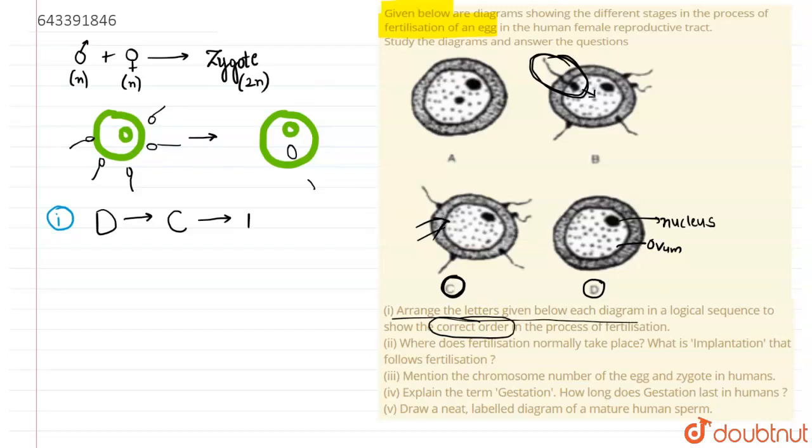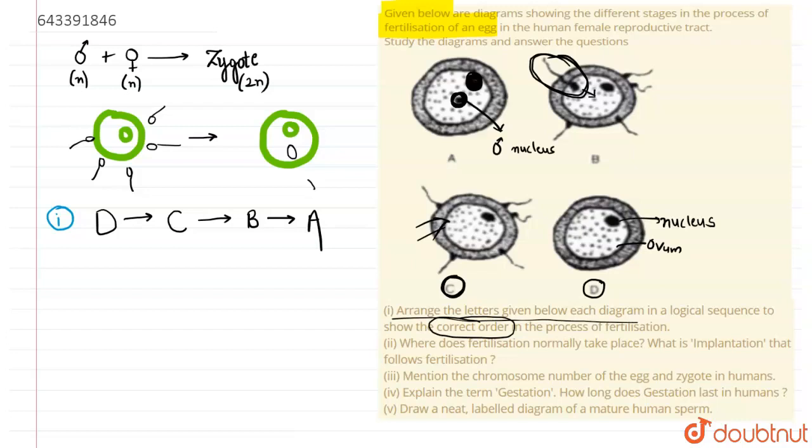So the next structure would be B. And after that, we can see that this is the nucleus of the male gamete and this is the nucleus of the ovum. So this would be the male nucleus. So the last structure would be A. So this was the answer to the first question.